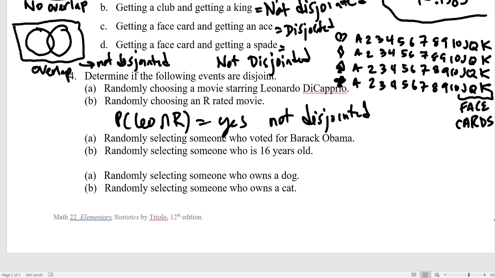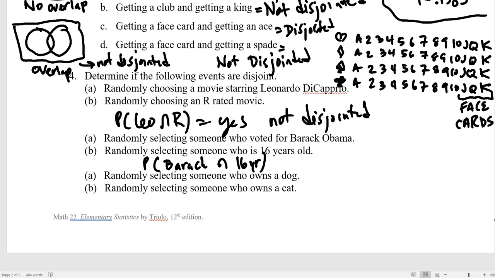Could you randomly select someone who voted for Barack Obama and randomly select someone who's 16? Is there somebody that you know who is 16 and voted for Barack Obama? Can you have somebody who voted for Barack Obama and that person is 16 years old?